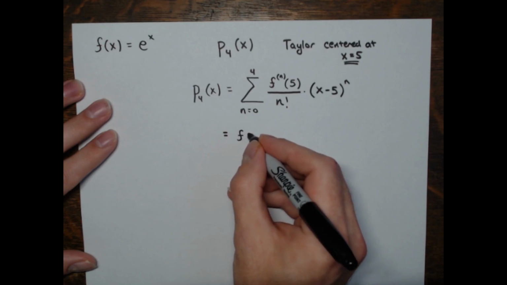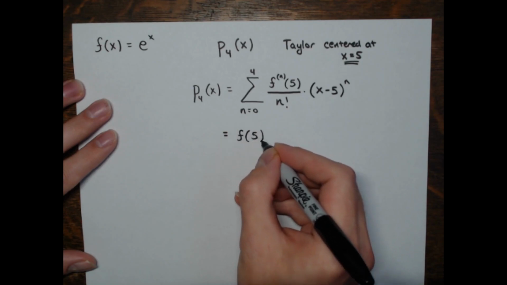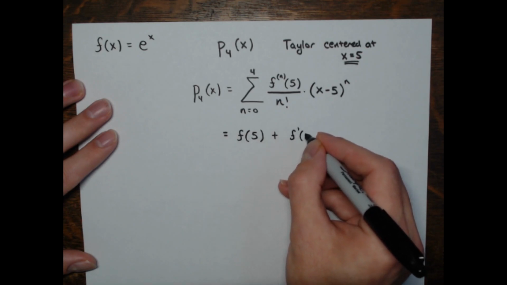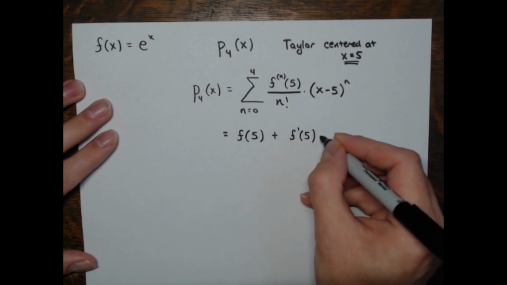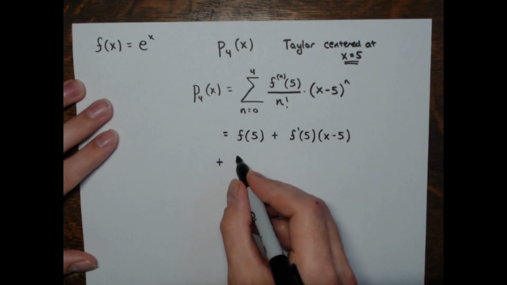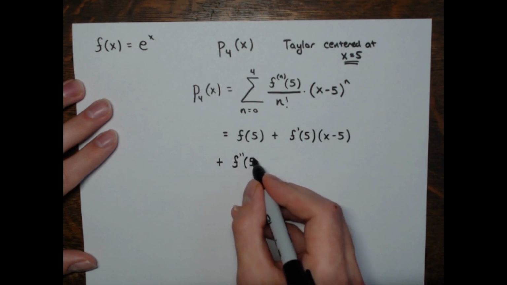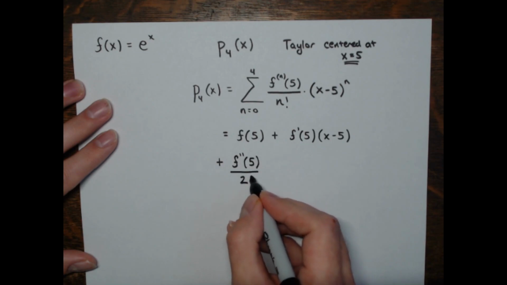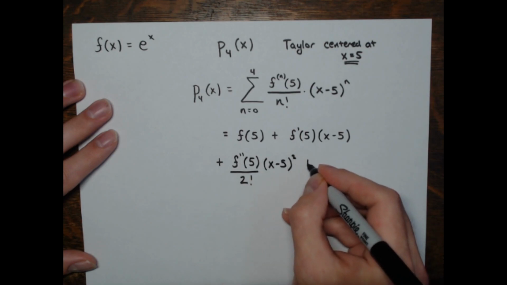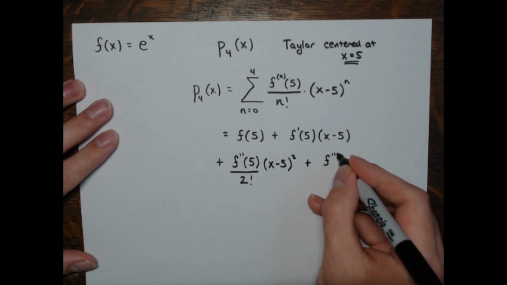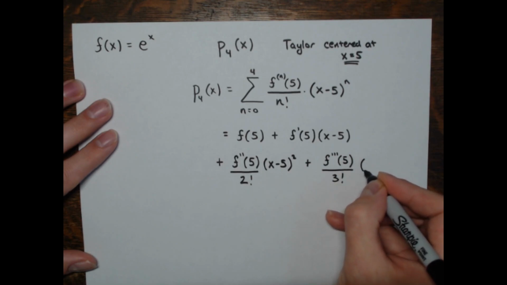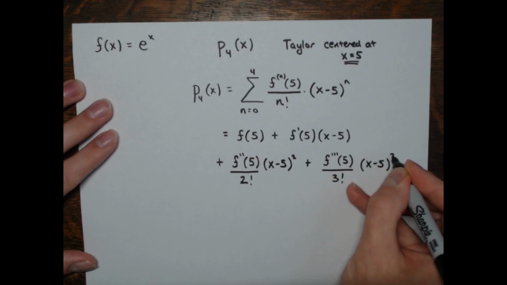The first term will be just f of 5, plus the second term, when n equals 1, the first derivative at 5, divided by 1 factorial, times x minus 5 to the first, plus the second derivative at 5, divided by 2 factorial, times x minus 5 to the second, plus the third derivative at 5, divided by 3 factorial, times x minus 5 to the third.